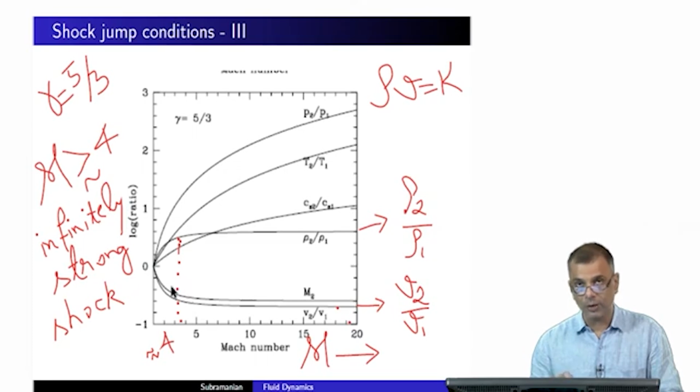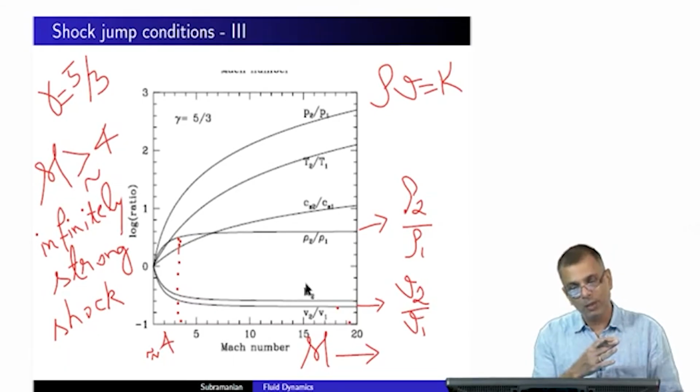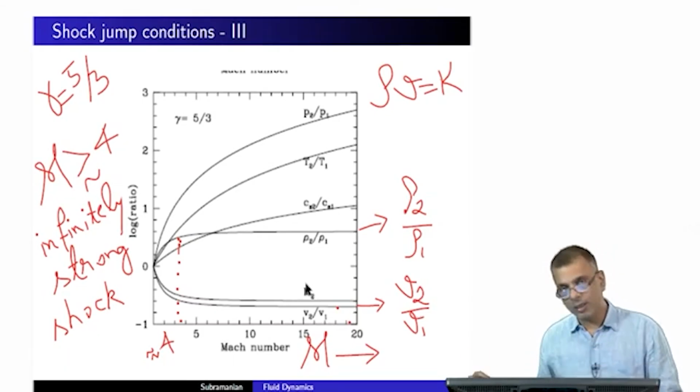So the flow is transitioning, and because you're lower than 0 on this log plot, you're basically saying that the quantity is less than 1. So this is the log of the downstream Mach number, right? So it's less than 1. No surprise. What the shock does is it takes a supersonic flow and turns it into subsonic flow.